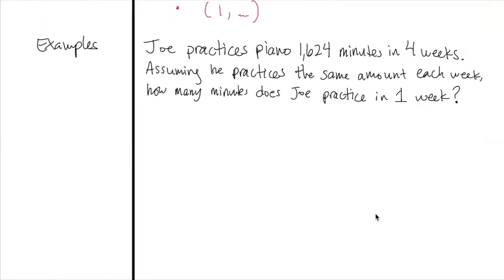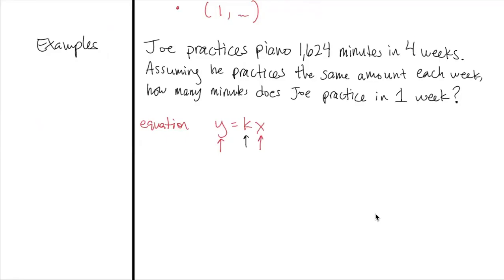So we'll start with our equation. Remember, y equals kx. We have an input and we have an output, and then we have our constant of proportionality. Go ahead and circle this.